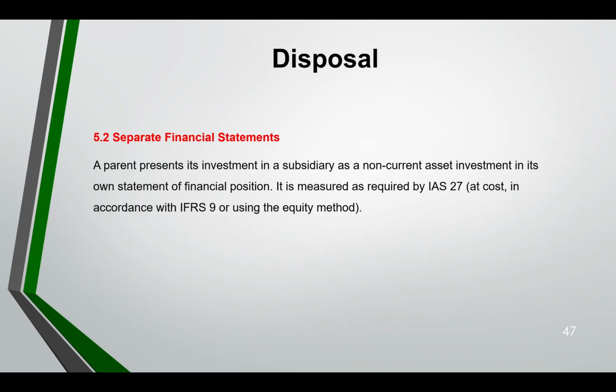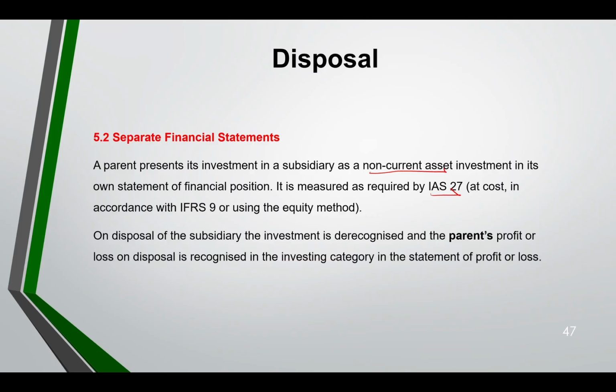A parent presents their investment in subsidiary as a non-current asset investment. That's why under your non-current assets you will see an investment. That is this investment in subsidiary only. Okay, it is recorded as per IAS 27 at cost or as per IFRS 9 or using equity method.